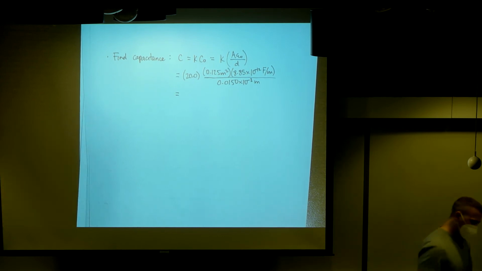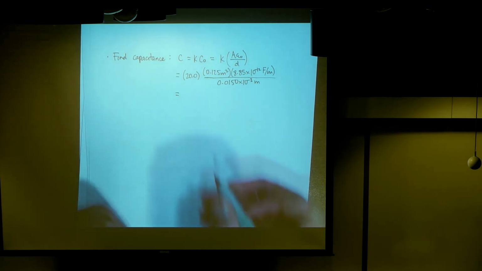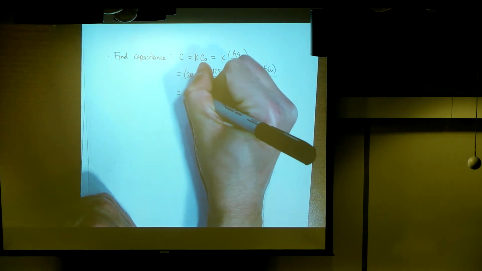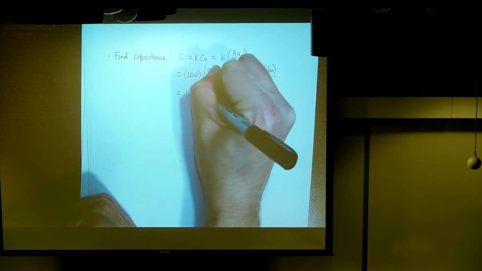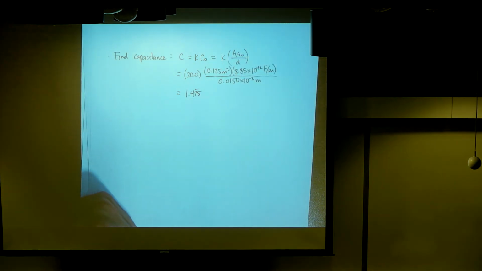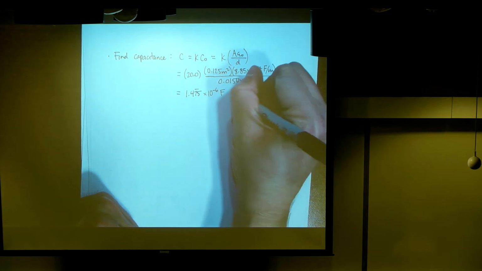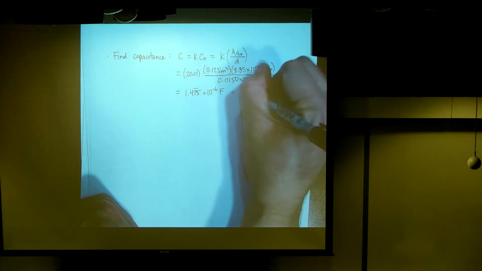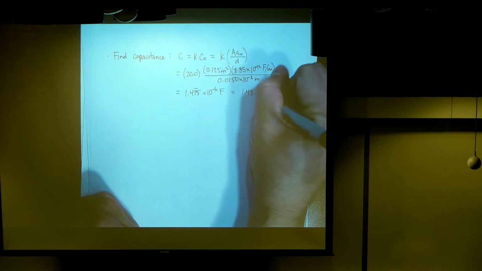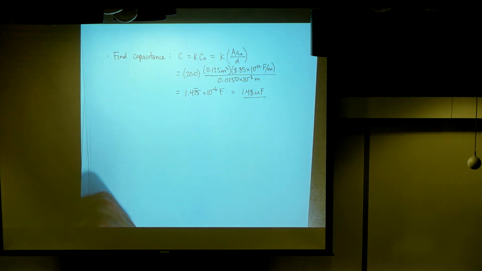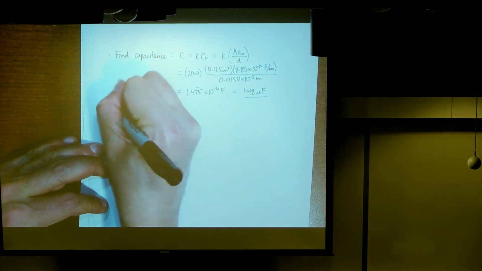One point 47 times 10 to the negative 6. Yeah, 1.475, keep 3 sig figs, 10 to the minus 6 farads, which we can write as 1.48 microfarads. All right, so next, let's find the charge on the plates.